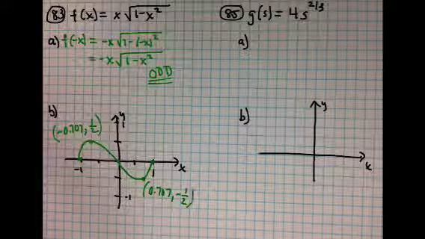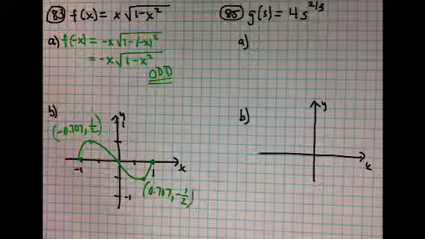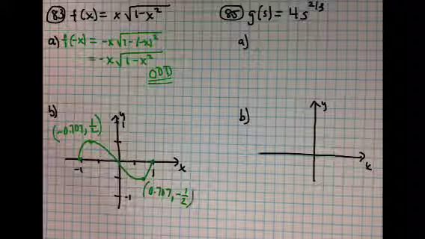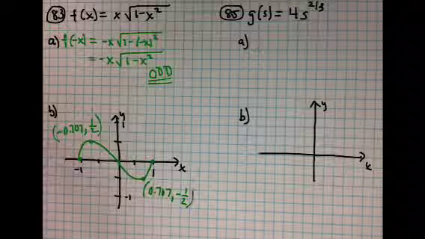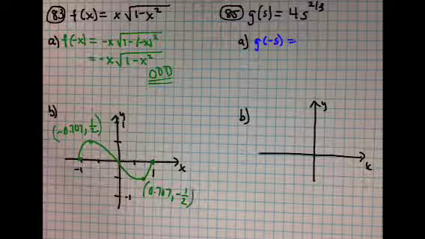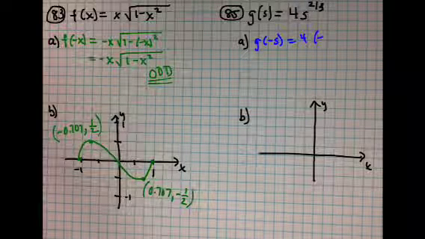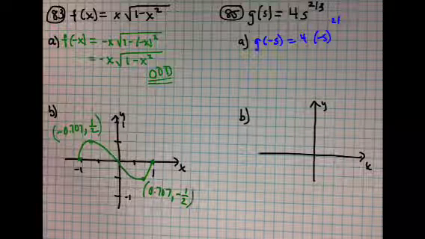For 85, you did study these kinds of functions in algebra or integrated 3, functions with rational exponents. So we're going to go through again and do the algebraic work first. So g of negative s equals 4 times negative s to the 2/3.